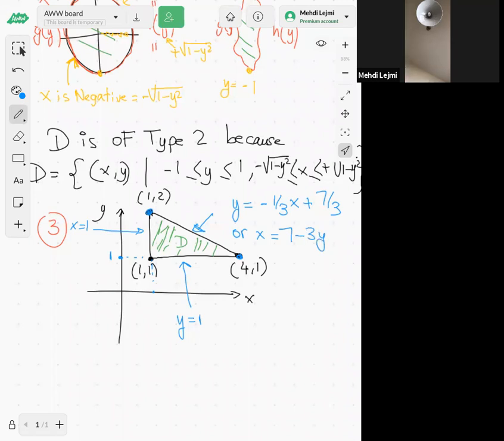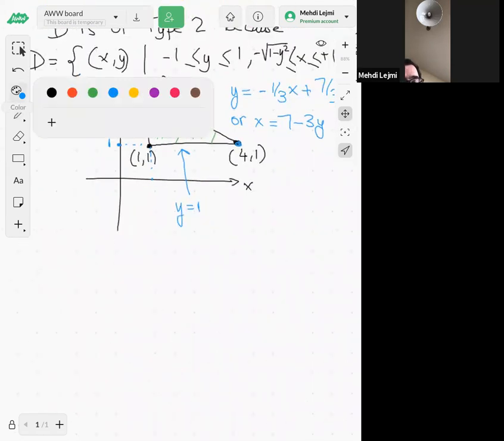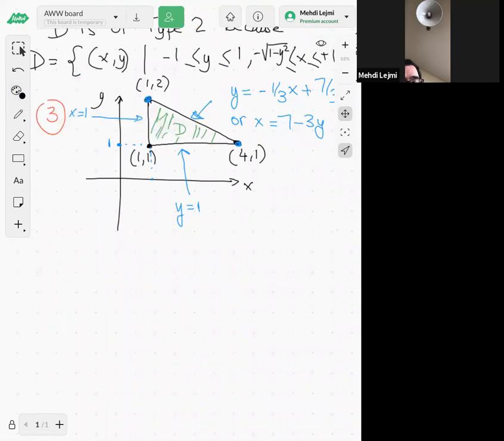So if you want to describe D as of type 1, you start, again, with x.